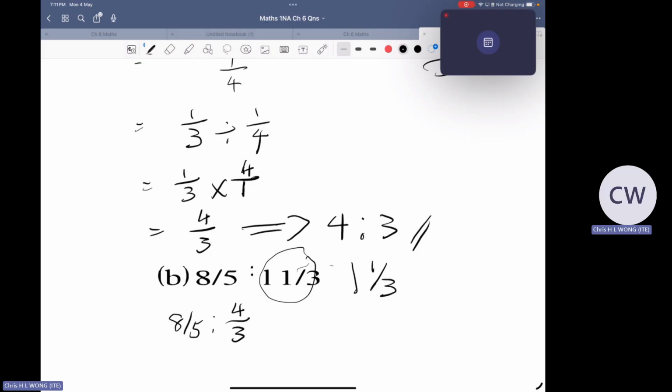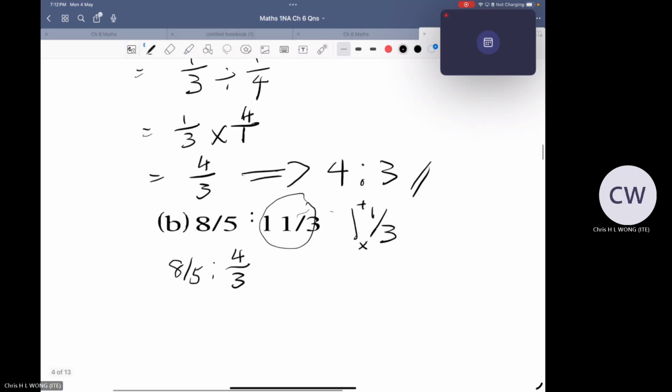So from a mixed number, you change to an improper fraction. 1 times 3 is 3 plus 1 gives you 4/3.